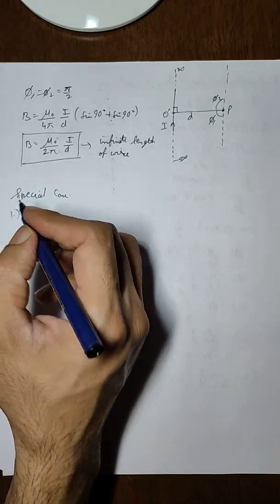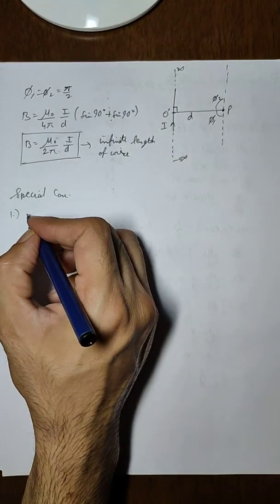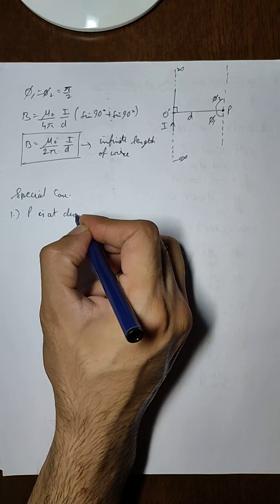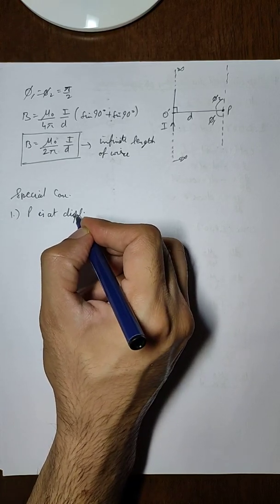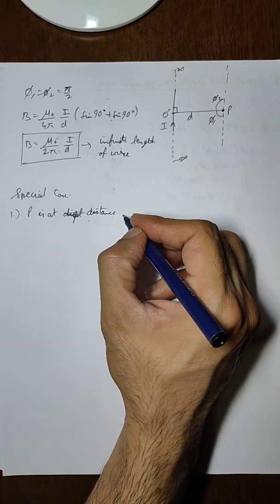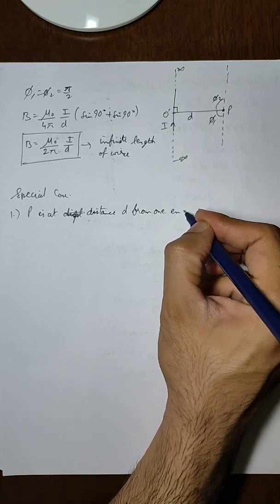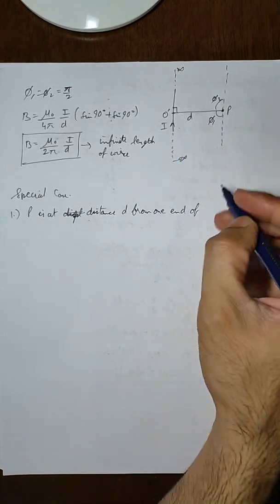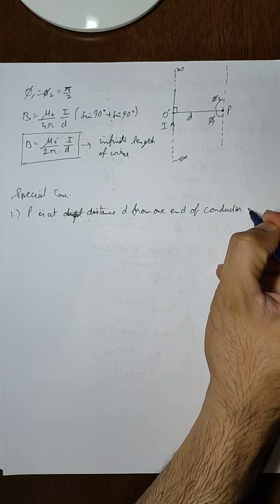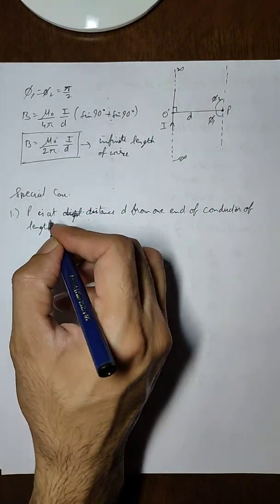The first case is when P is at a distance d from one end of the conductor of length L. So we have P at distance d from one end of the conductor, instead of from the middle of the conductor. The conductor has length L, so it is a finite conductor, it is not infinite.